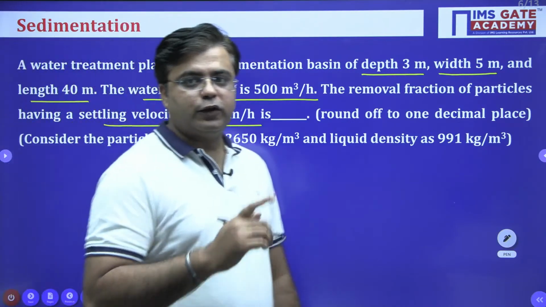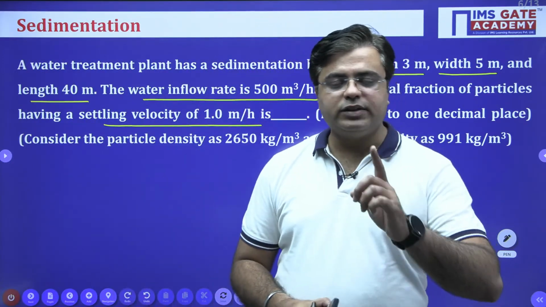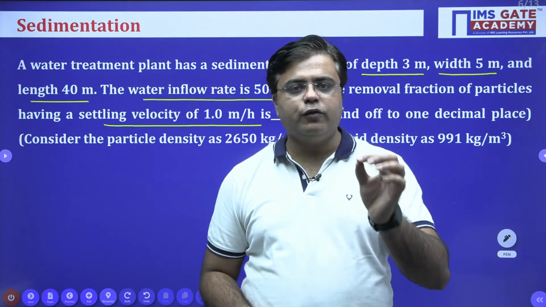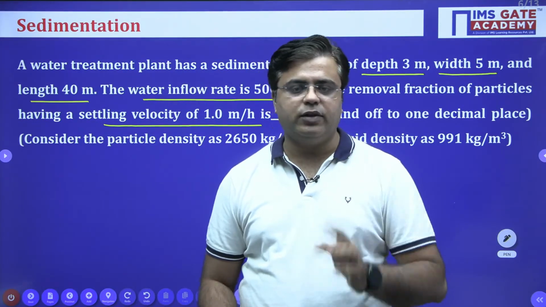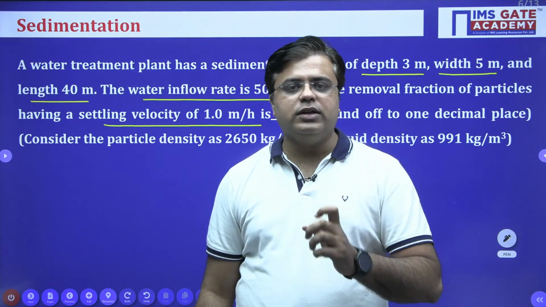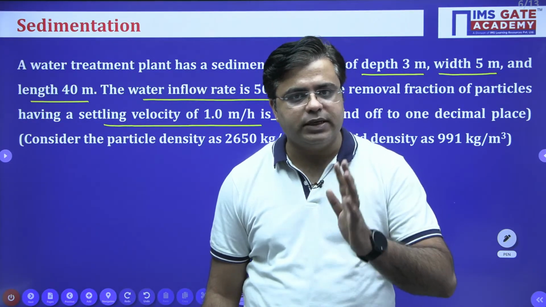First of all, when we talk about sedimentation, all the sedimentation tanks are designed for the removal of a concerned size of particle. If the size of the particle is equal to or more than the concerned size, it will be 100% removed.